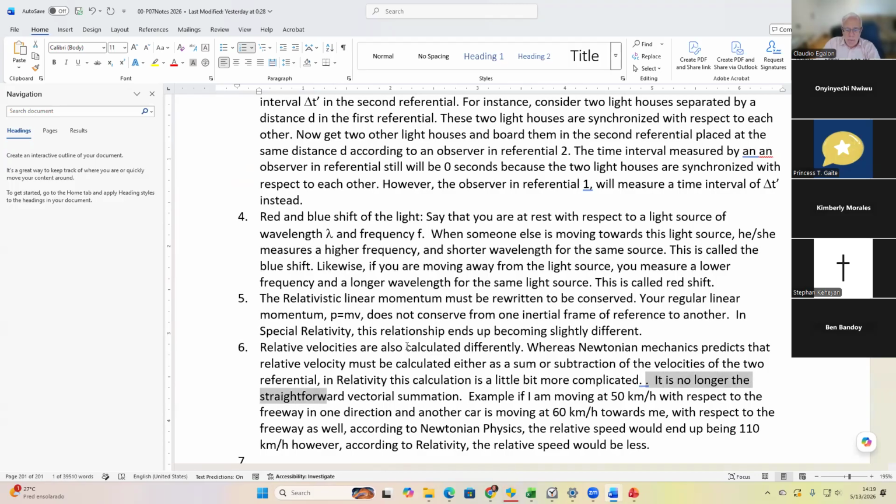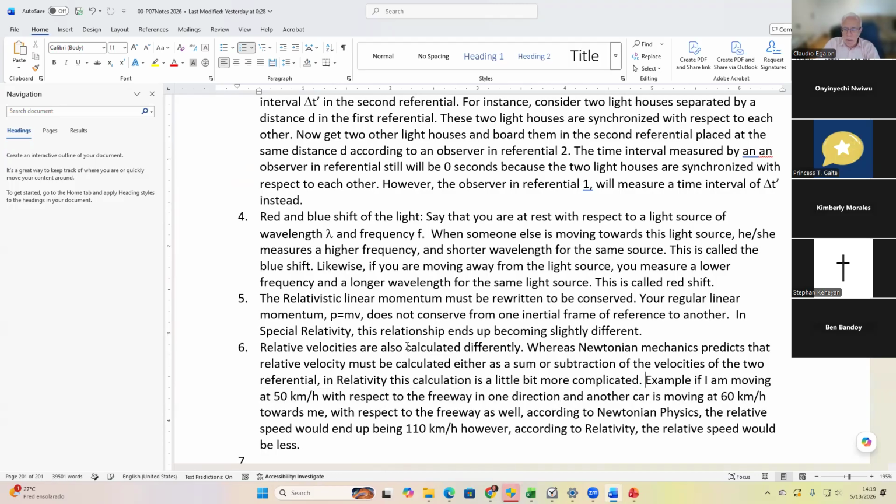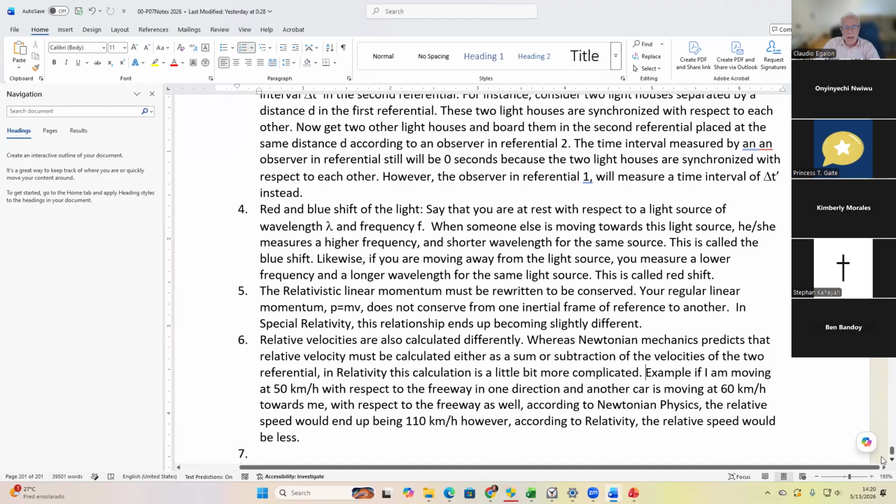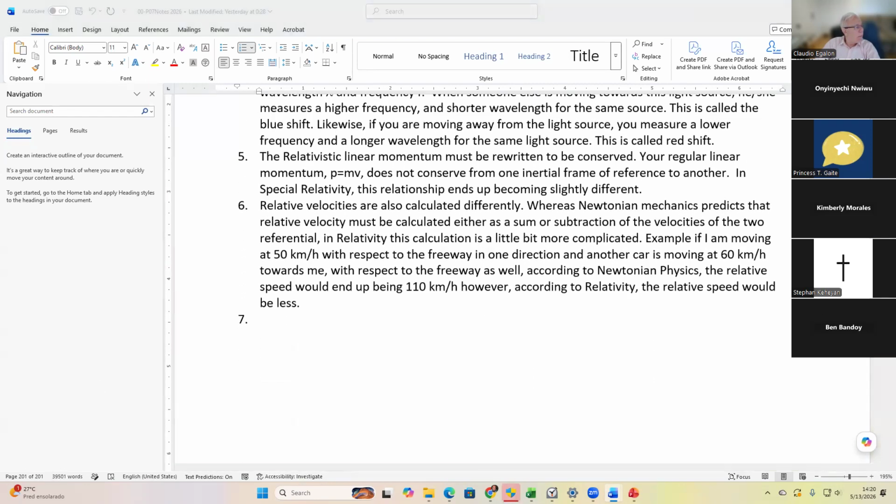For example, if I'm moving at 50 kilometers per hour with respect to the freeway in one direction, and another car is moving 60 kilometers per hour towards me with respect to the freeway as well, Newtonian mechanics predicts that the relative velocity would be 110 kilometers per hour. According to relativity, the relative speed would be less. And we can prove that.